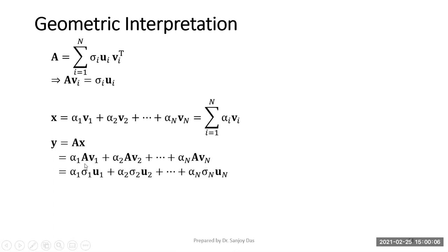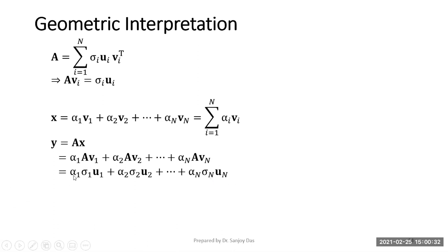But A v1 equals sigma 1 u1, right? Therefore, A v1 I replace with sigma 1 u1. Likewise, A v2 I replace with sigma 2 u2, and all the way until the last term here, A vn is sigma n un.